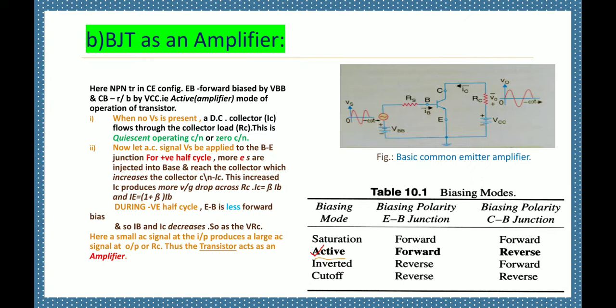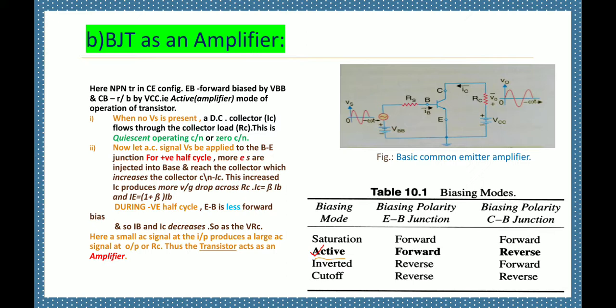When there is no input signal applied, no Vs, there is still IC current flowing through the transistor, and this current is called the quiescent operating current or zero signal current. This current is a major cause of losses and wastage in basic amplifiers.